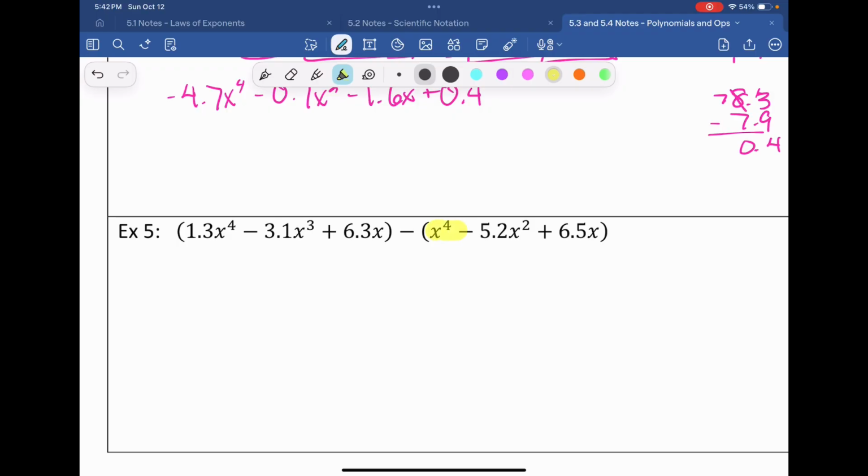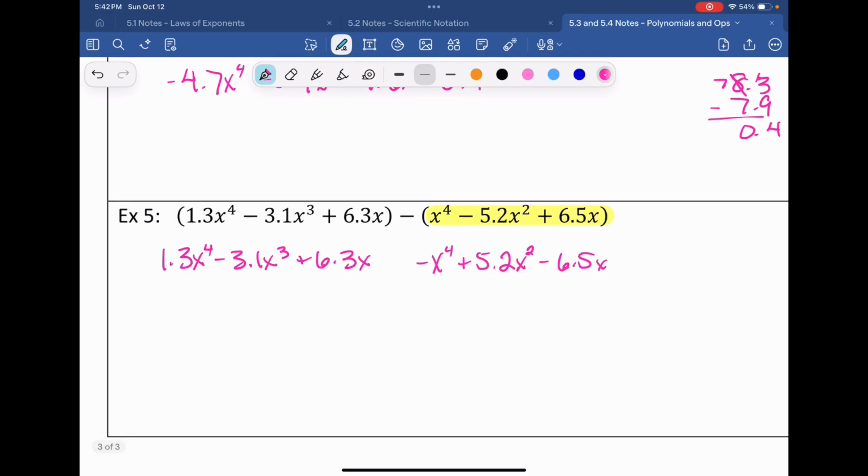That's subtraction, so change all the signs of your second polynomial. So negative x to the 4th, positive 5.2x squared, negative 6.5x. Everything else stays the same. All right, so x to the 4th. So it's going to be 0.3 x to the 4th. X cubed.